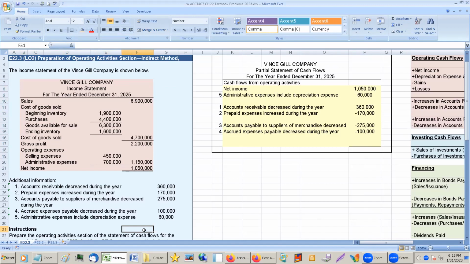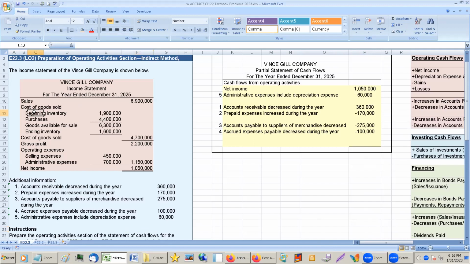They give us information about an asset in the income statement. It's not an income statement item, it's a balance sheet item, but it's also included in the income statement. What account up in that income statement is also on the balance sheet? Cost of goods sold.